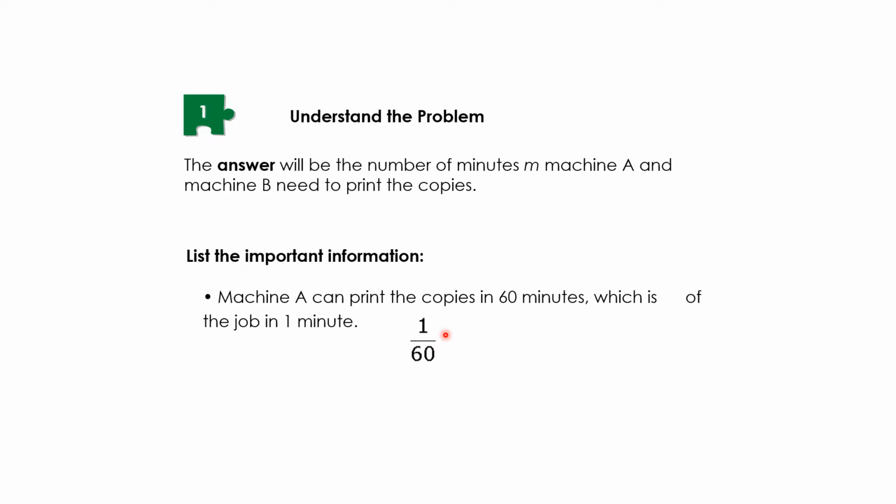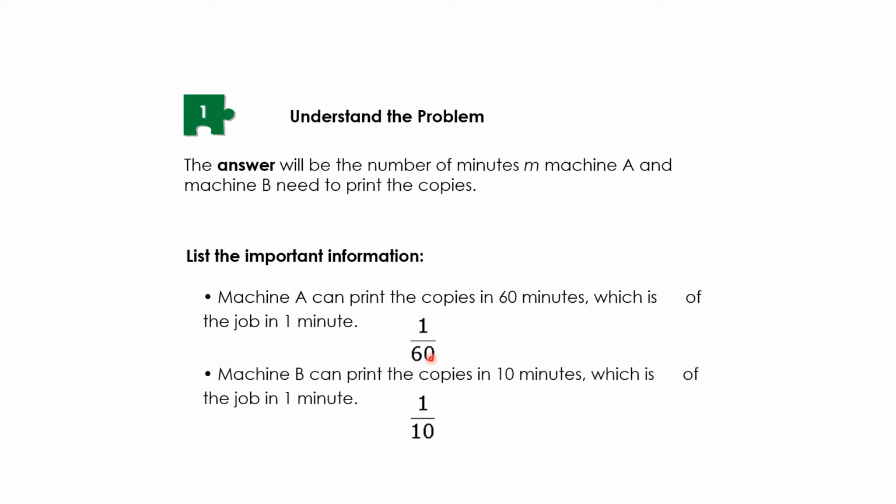While machine B, since it takes 10 minutes, in every minute the portion of the whole job machine B can do is 1 over 10.